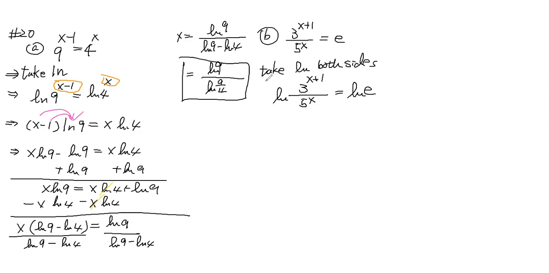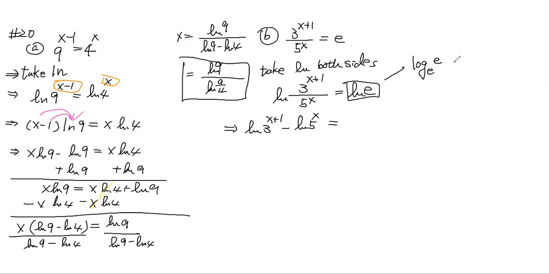Correct? Okay, so I know natural log of a divide is equal to natural log minus natural log. So this is natural log of 3 to the x plus 1 minus the natural log of 5 to the x. And what is natural log e here? This one really is log to the base e of e, right?